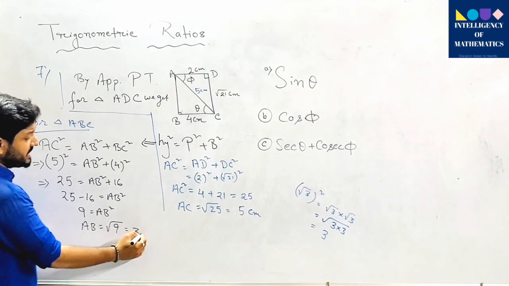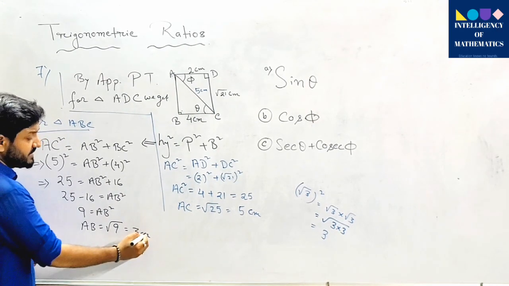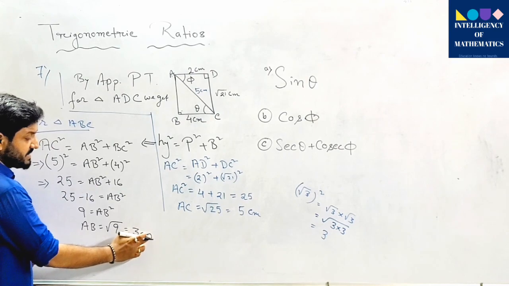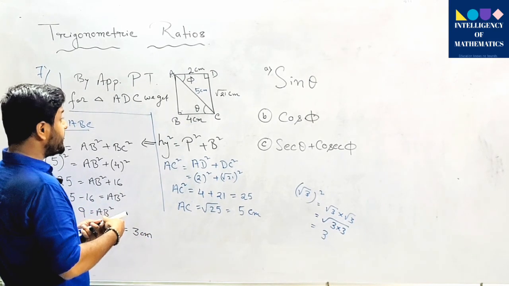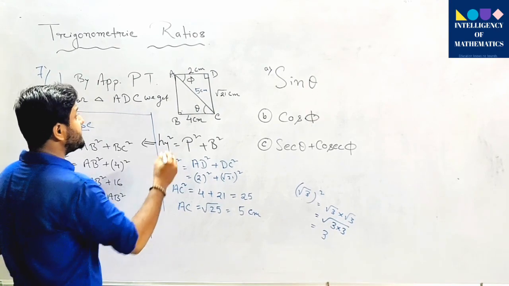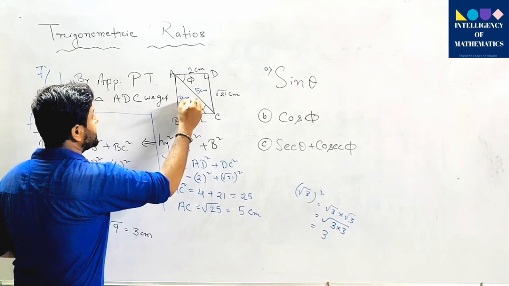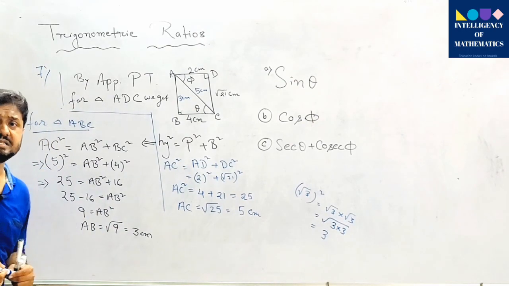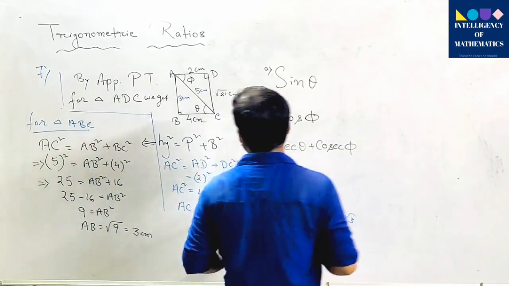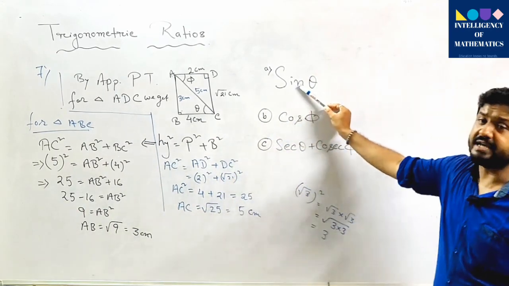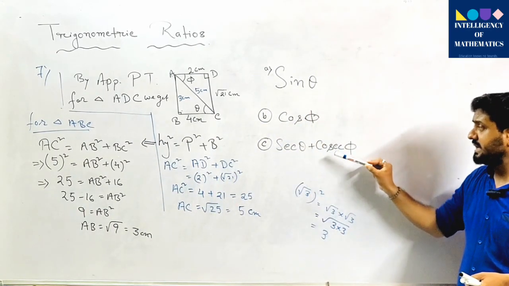As we are calculating length, we'll take positive, so it is 3 centimeter we can say. This side has now become known to us, that is 3 centimeter. Now all the sides are known to us. Now we can apply our trigonometric concepts to find the values of sine theta, cos phi and this one.